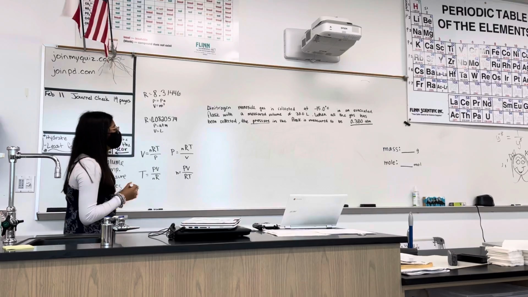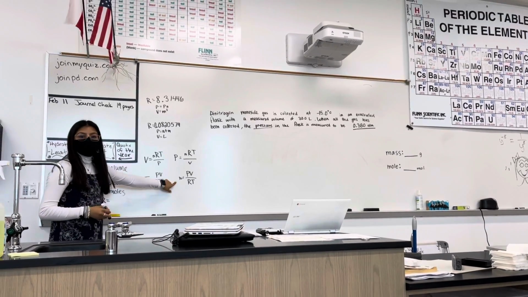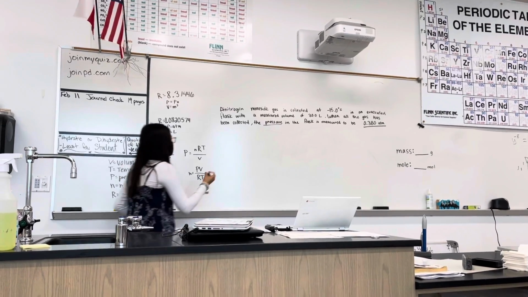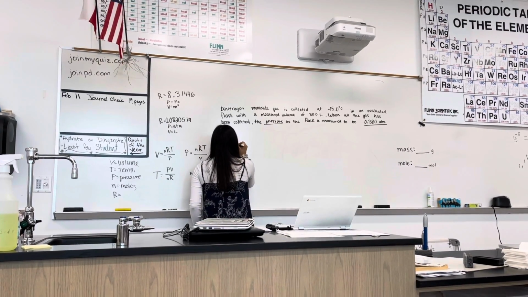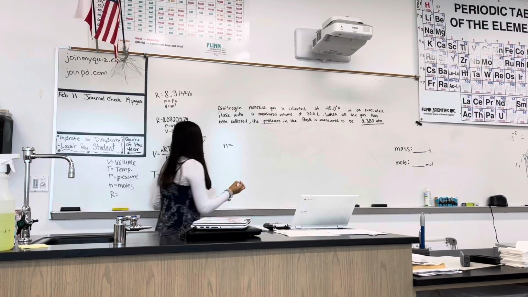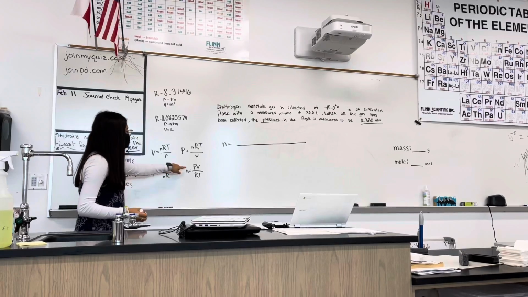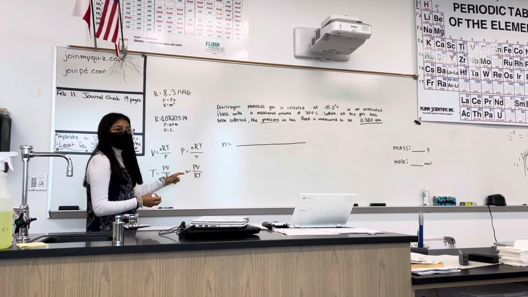Okay. So now we can actually start doing our equation. So we're looking for the mass in the mole, which is this, N. Make sense? Yeah. Okay. So N equals what we're looking for. So to find N, we need pressure and volume at the top.